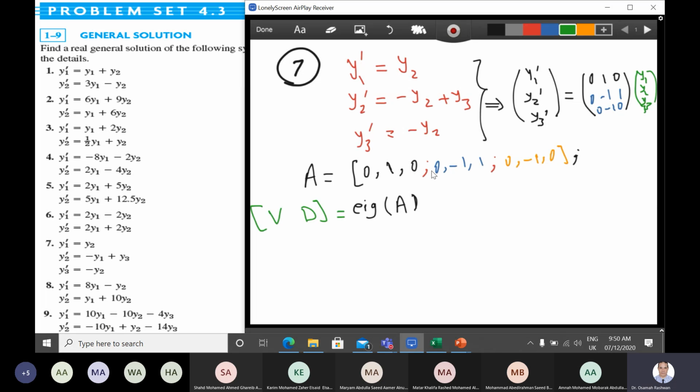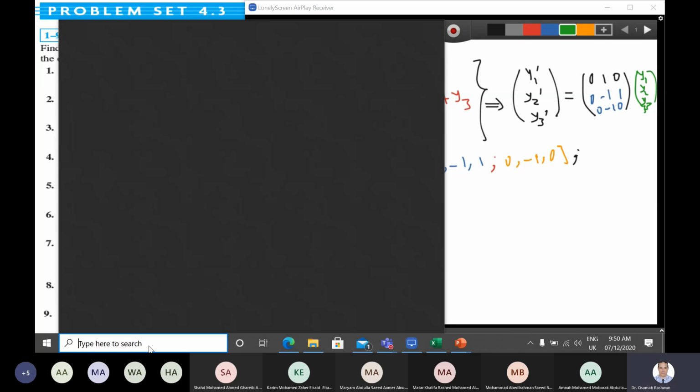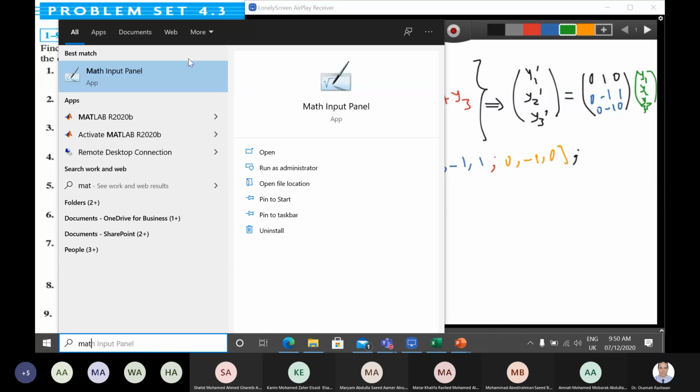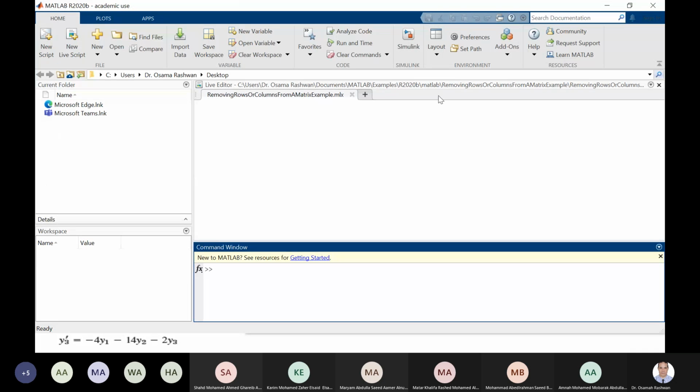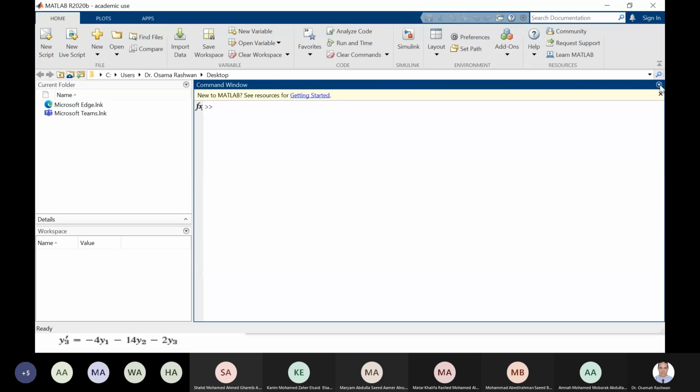Let's go to Matlab. I have to input the matrix first. 0, 1, 0. Try to do this one with me, please.